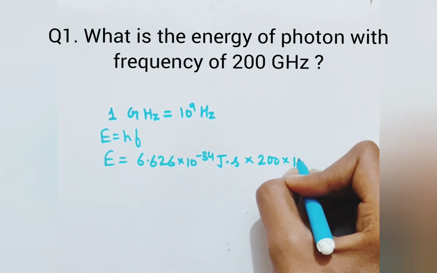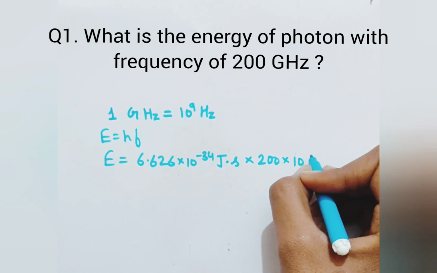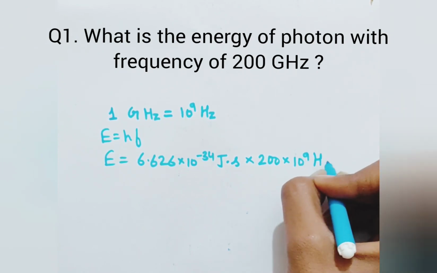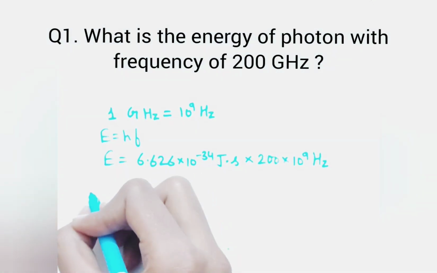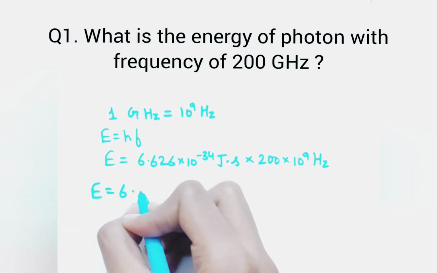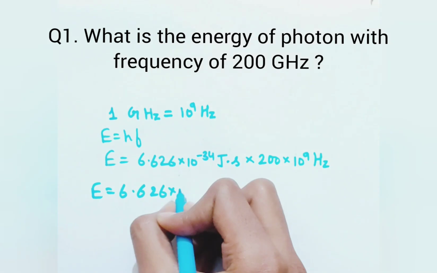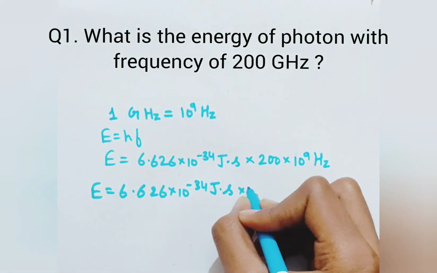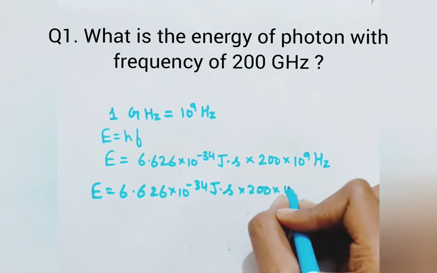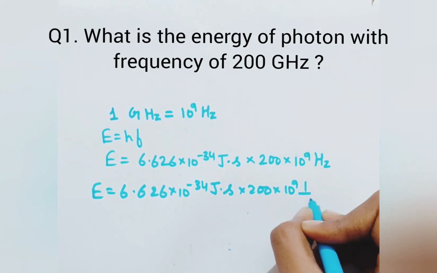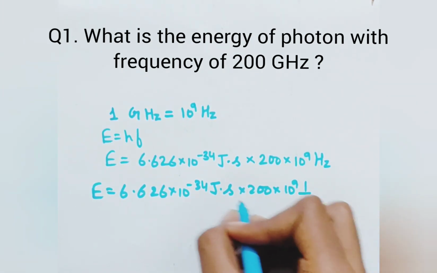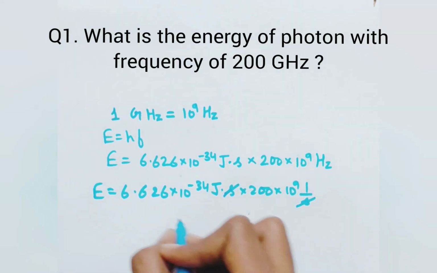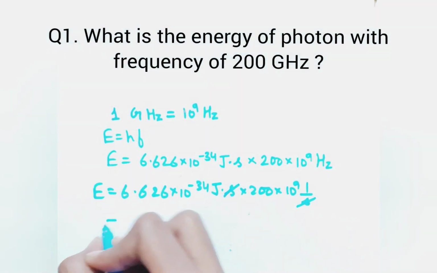We can write 200 gigahertz as 200 times 10 to the power of 9 hertz. Now, 1 hertz can be defined as 1 divided by seconds, so we can cancel out seconds with seconds.